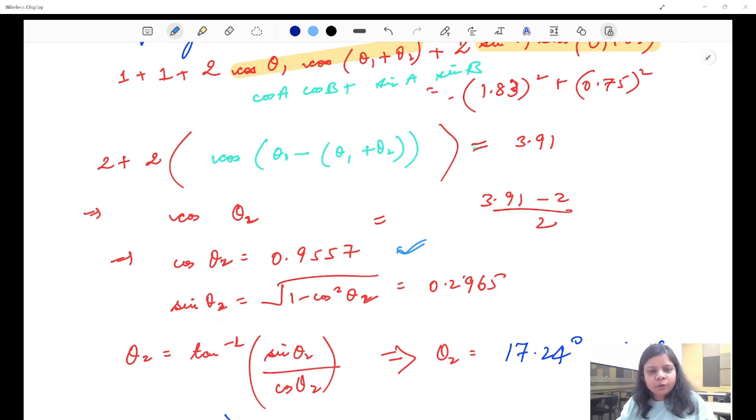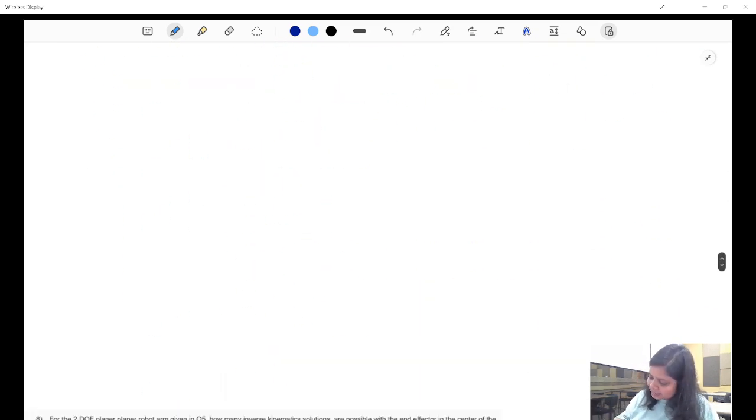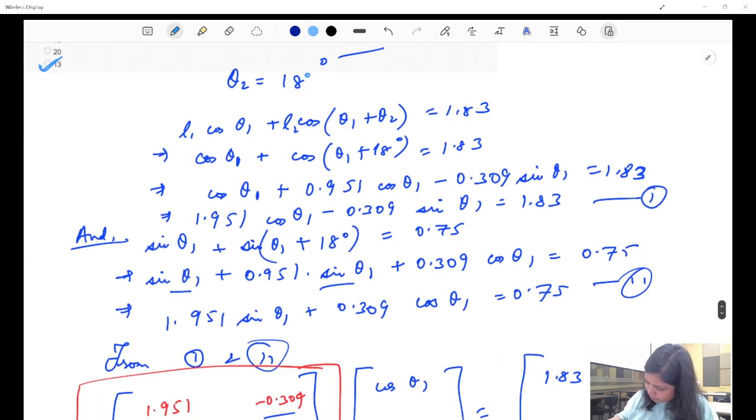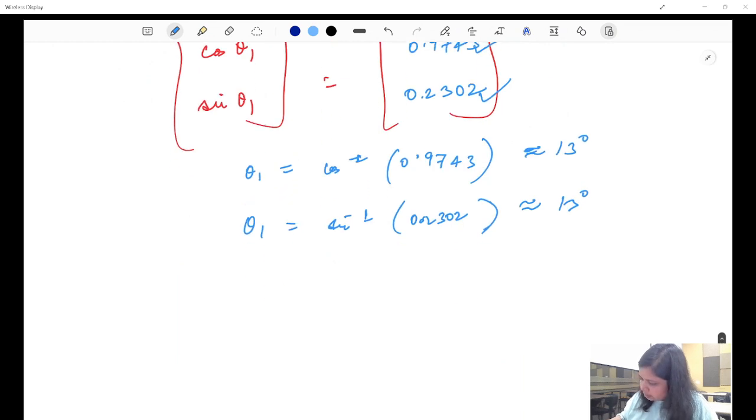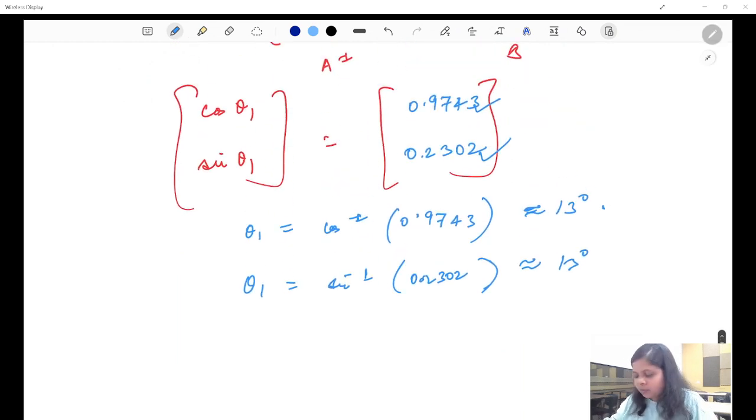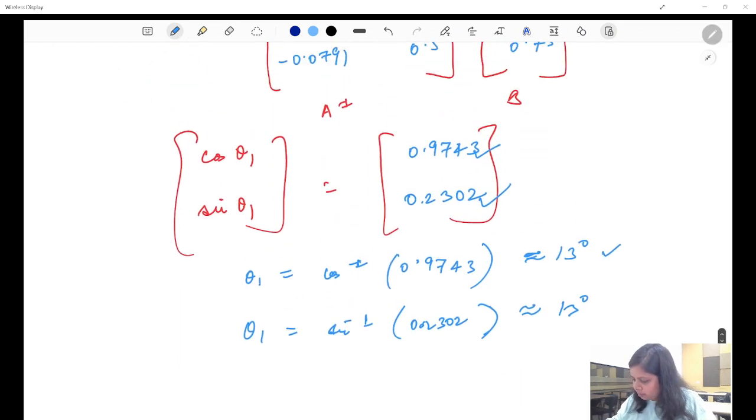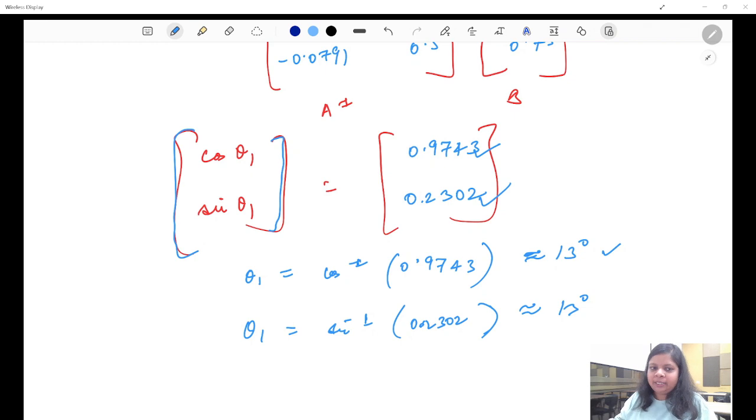Both of them can lead you to the same value. That is why we calculated sine and took tan, so that we get everything. With atan2, taking the positives of both we get the angle. Whereas in this case, we get theta 1 to be cos inverse of something. Cos theta 1 and sin theta 1 both are pointing to the same thing.